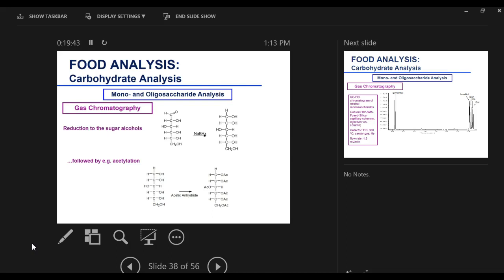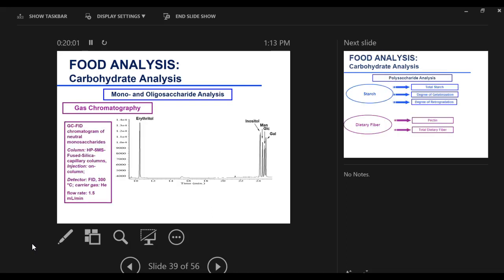Sodium borohydride converts them to sugar alcohols, and from there you acetylate with acetic anhydride to generate an acetylated ester. And then this is volatile and thermally stable, so you can use your regular GC, specific column, FID, for separation and determination. In this example, it's mannose, glucose, galactose.